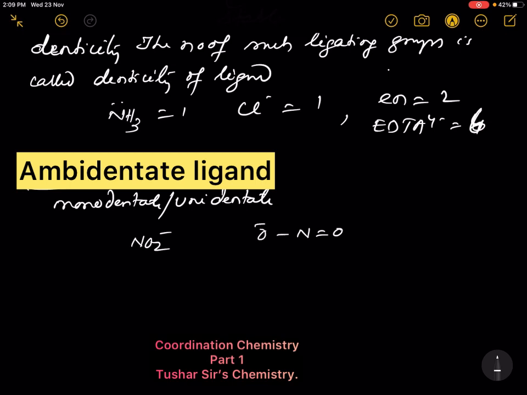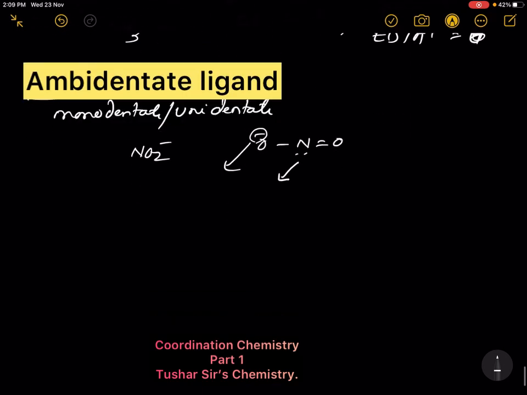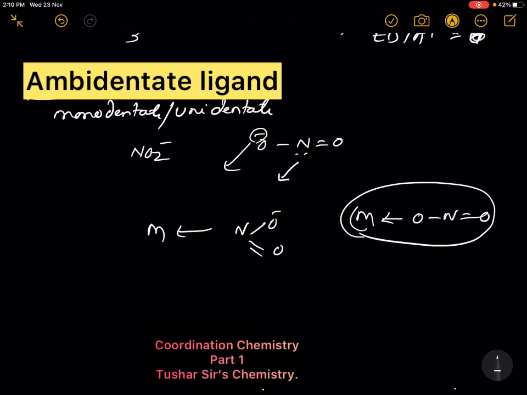It can connect to the central metal atom through N, or it can connect through O. You see, here the metal is connected to the NO2 minus group through oxygen, and here it is connected through nitrogen. So it is a monodentate ligand having two donor atoms.